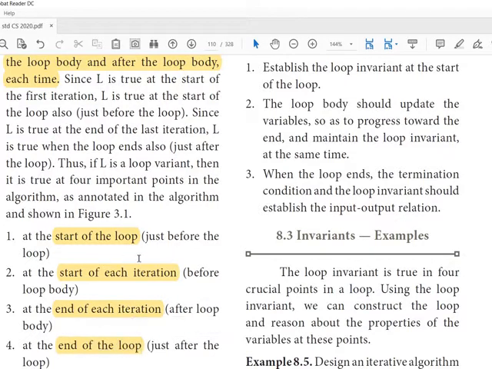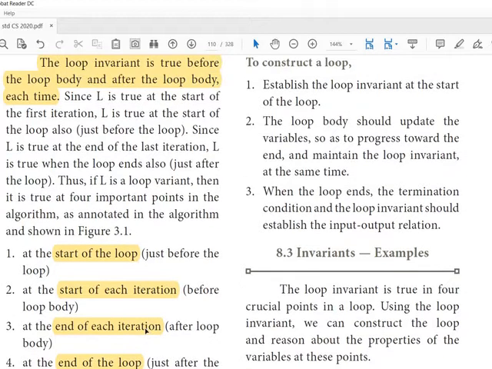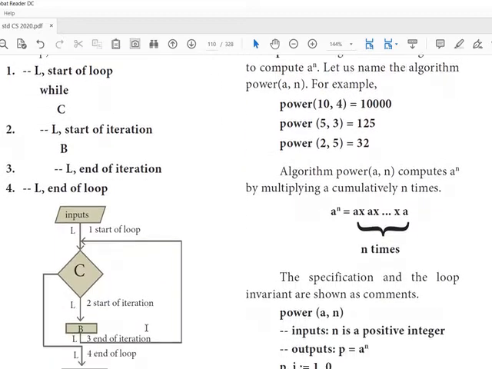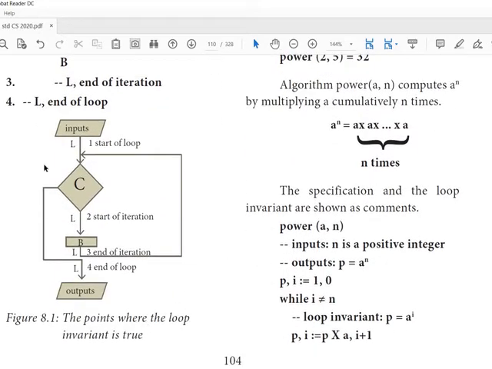If a variable remains the same at these locations, then it is said to be a loop invariant.